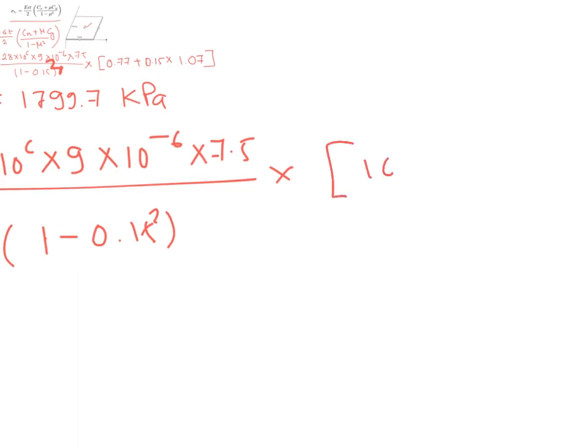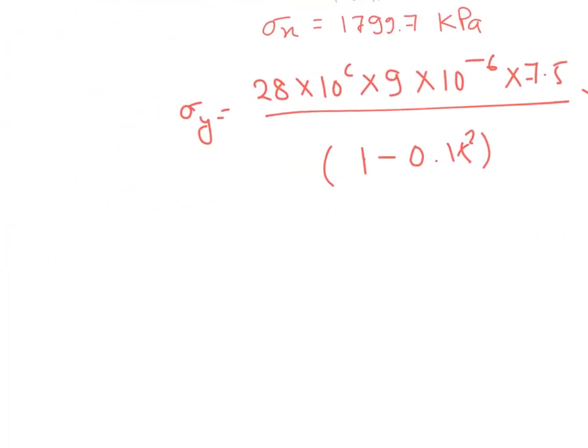This will become 1.07 plus mu times 0.77. This will give you the value of sigma y as 2292.2 kPa.